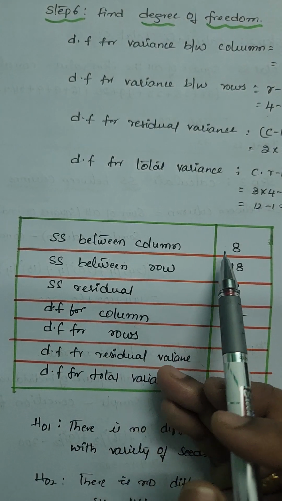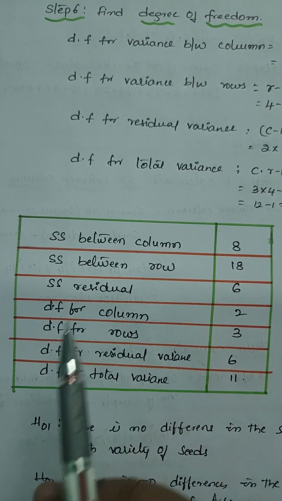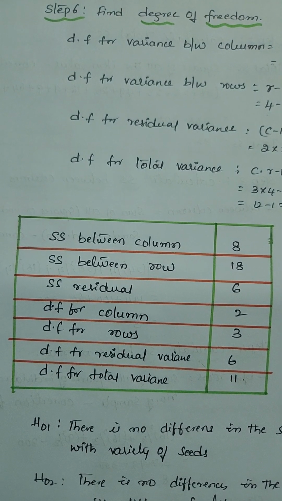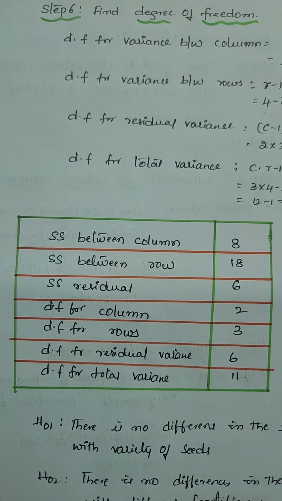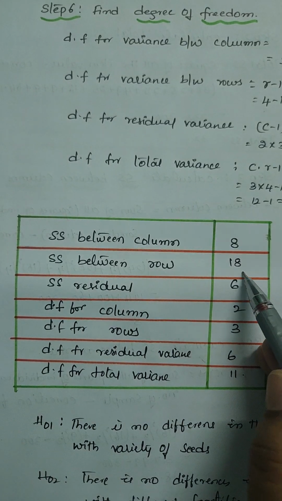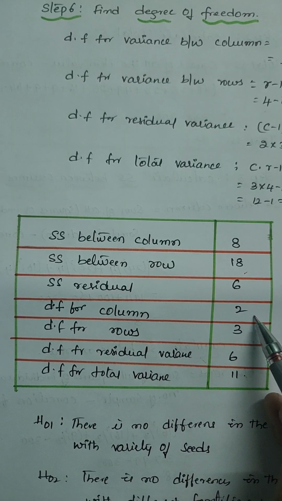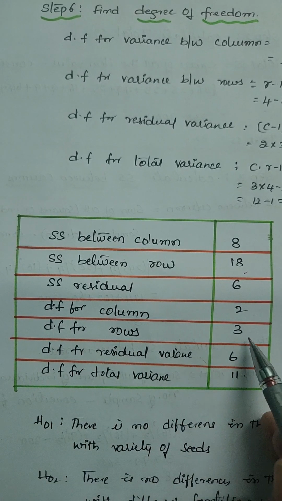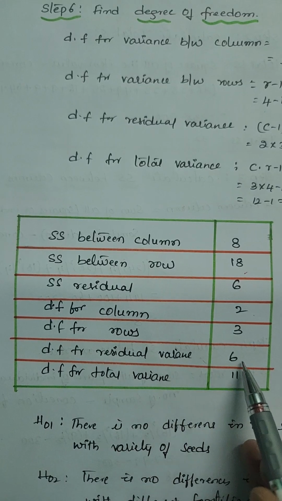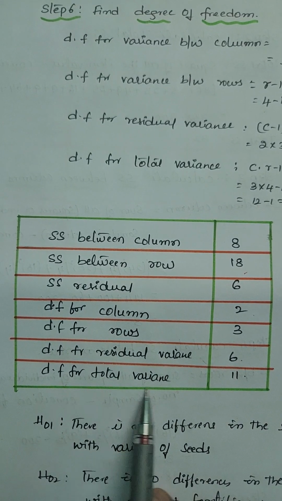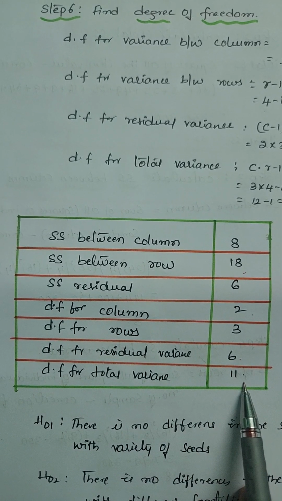Now we will put all the results in the form of a table. SS between the columns is 8, SS between the rows is 18, SS residual is 6. Degree of freedom for columns is 2, for rows 3, for residual variance 6, and for total variance 11.